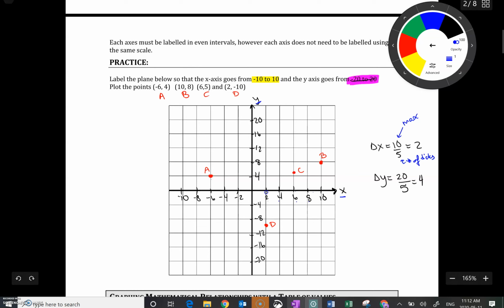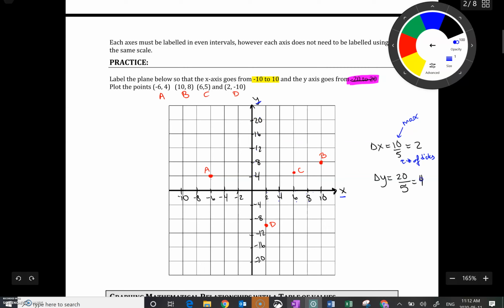So here we've got 1, 2, 3, 4, 5 grids. So I take 10, divide by 5, and I know I should go up by 2s. Similarly, on the y-axis, I want to get to a maximum value of 20, and I've got 1, 2, 3, 4, 5 squares to get there. 20 divided by 5 helps me know that I should go up by 4s.